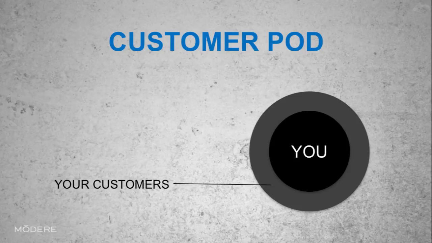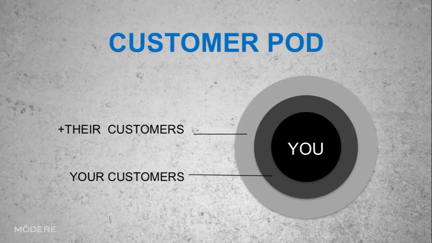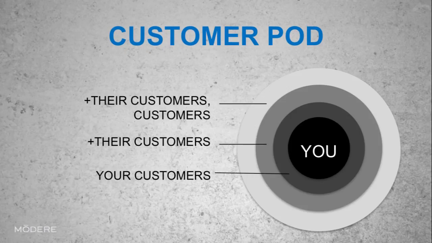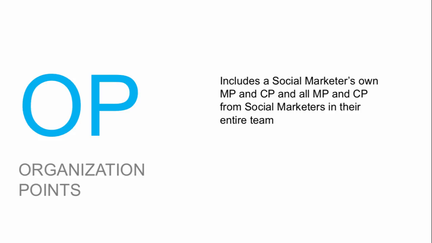So to illustrate this, you introduce customers. You'll notice that we illustrate this with a circle around you because your customers don't go into your organization. They don't go into legs and take up positions within your organization. They simply go into a customer pod. When you introduce customers, those customers go into your pod. When they introduce customers, they go into your pod as well.